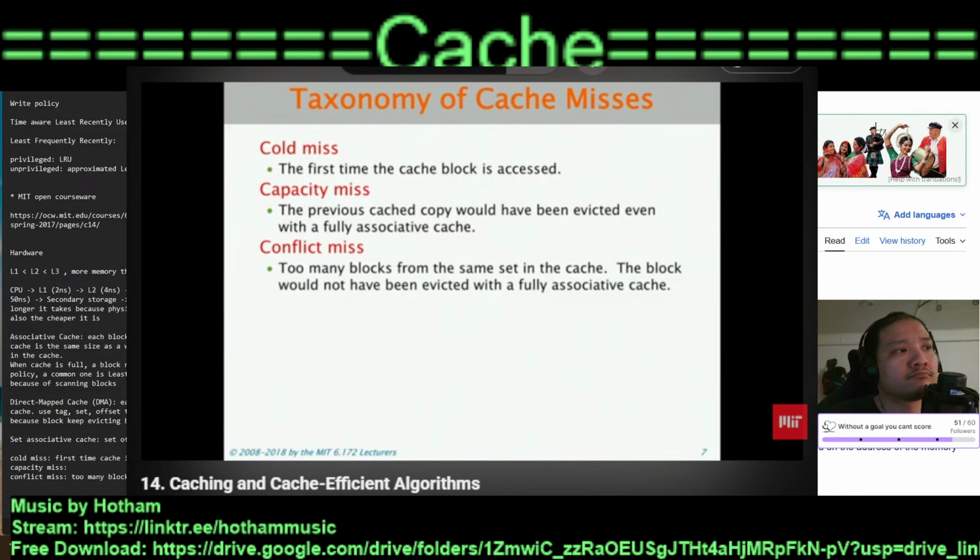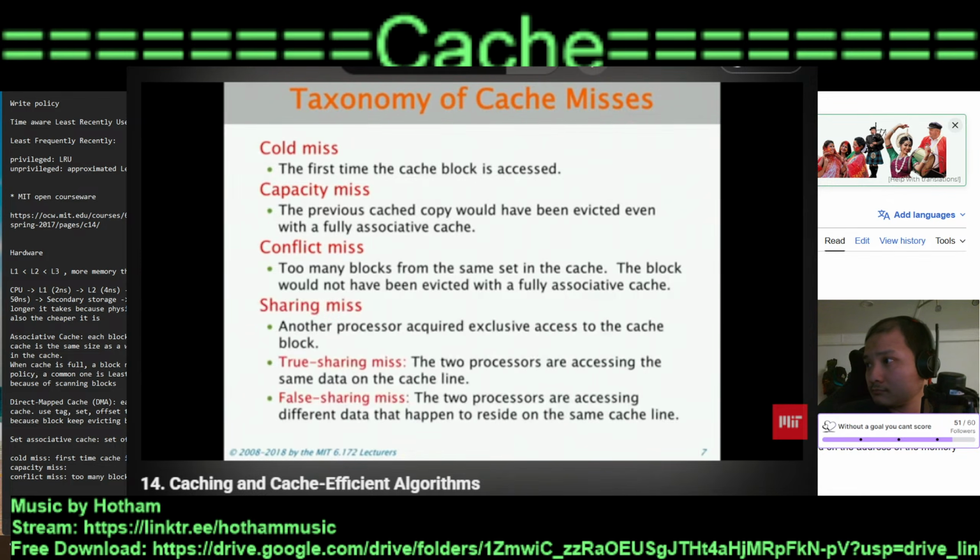So these are what's called conflict misses. For example, if you have 16 things in a set and you keep accessing 17 things that all belong in the set, something's going to get kicked out every time you want to access something. These cache evictions might not have happened if you had a fully associative cache.